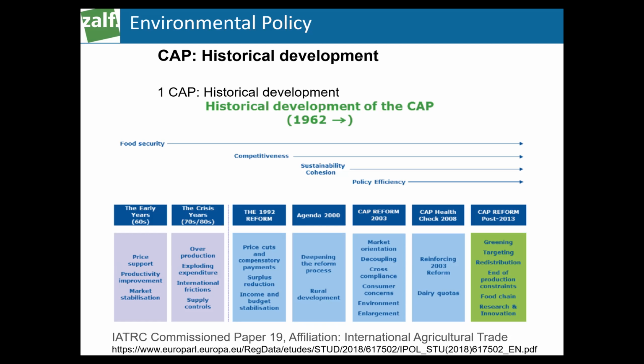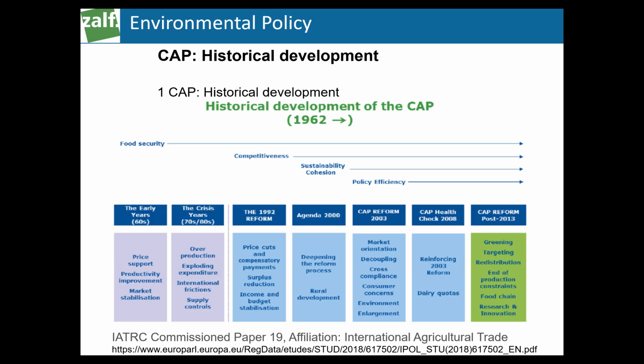It's an average. Cross compliance came in, which we had already discussed, meaning you have to comply with certain rules. For example, you have 5% of the farmland protected, and then you get a certain premium.